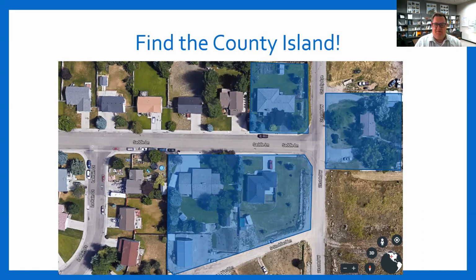I want you to think about a couple of things. As you think about these city residents on this map, they're all receiving the same water, the same sewer as their neighbors. They're probably receiving the same garbage services, but they have the city police force, they have the city fire department, and they have the city street plows come up and down their roads to keep them clean.